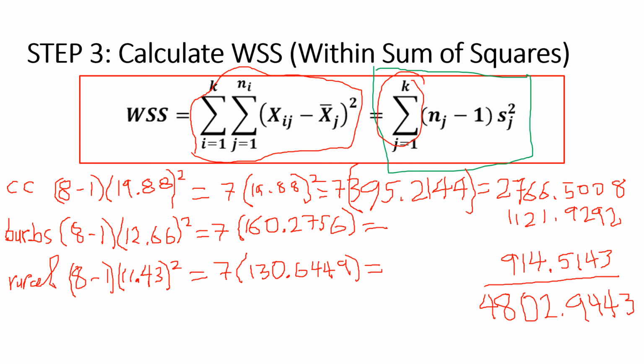Okay, so then what we can do is take WSS and BSS, and add those together.